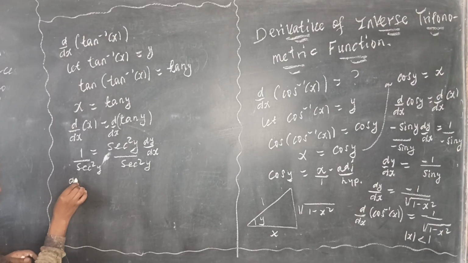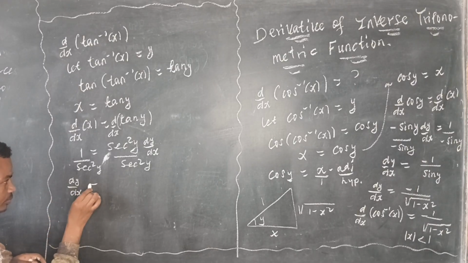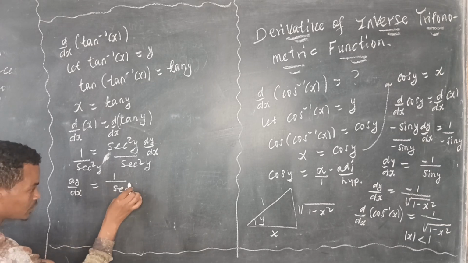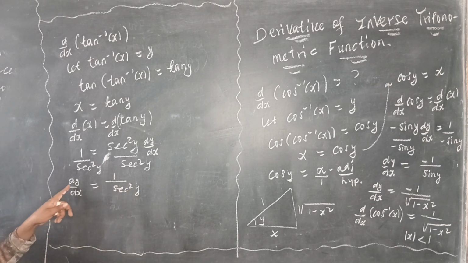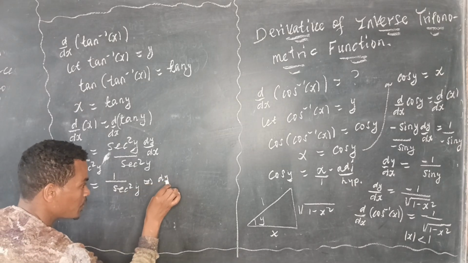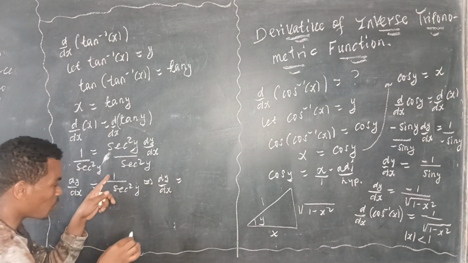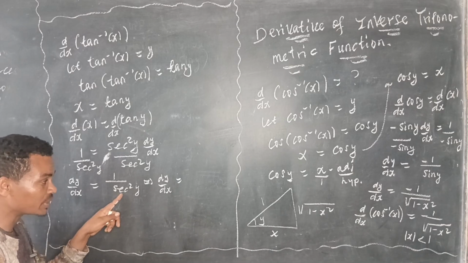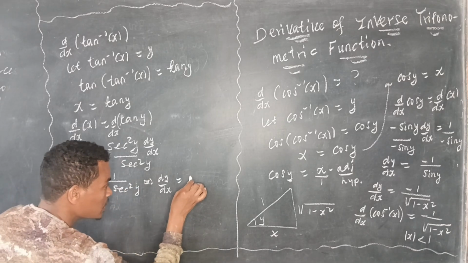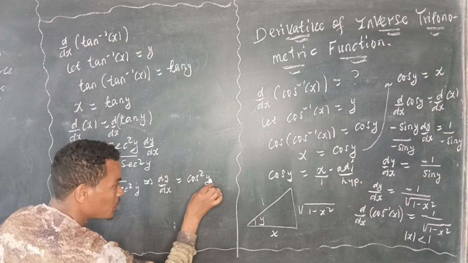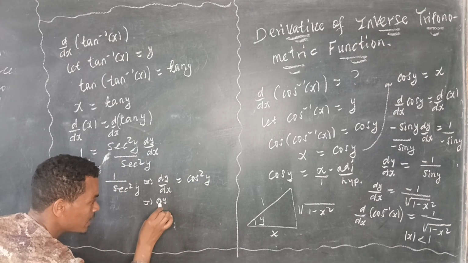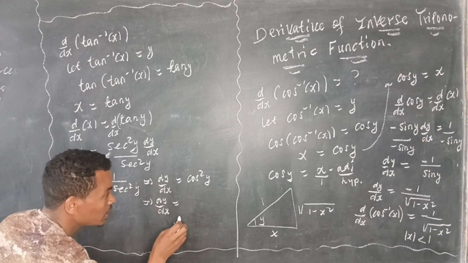That is dy by dx is 1 over sec square y, which is the same as cos square y. This implies dy by dx is equal to cos square y.